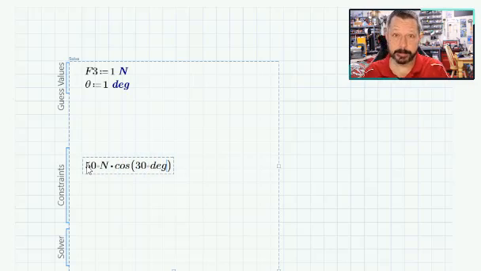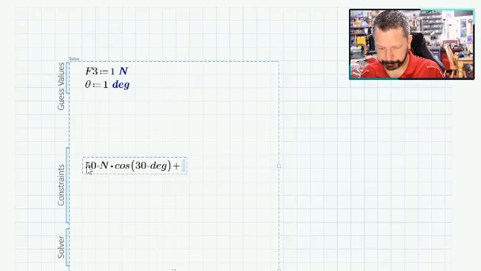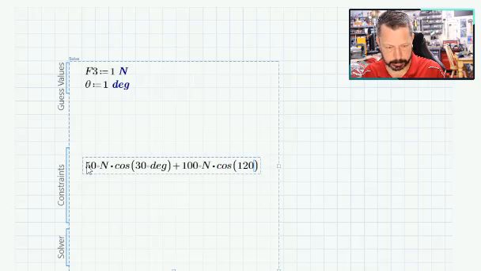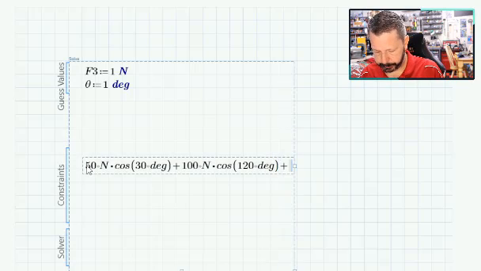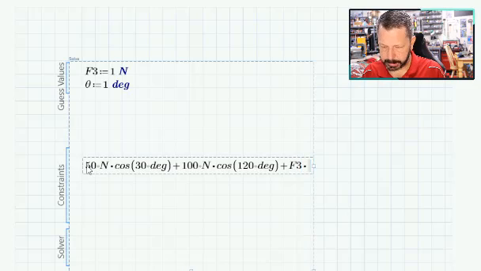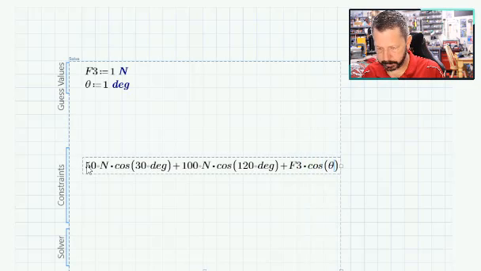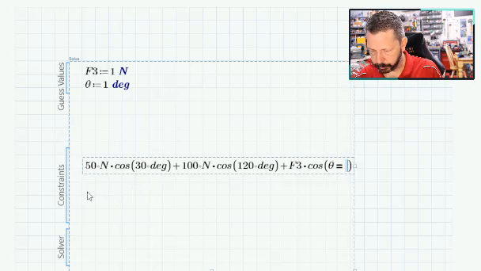With MathCAD, you have to put those DEG in there, or else it's going to think that's radians. Plus 100 newtons times cosine of 120 degrees, plus F3 times cosine of theta. Okay, that's one equation.